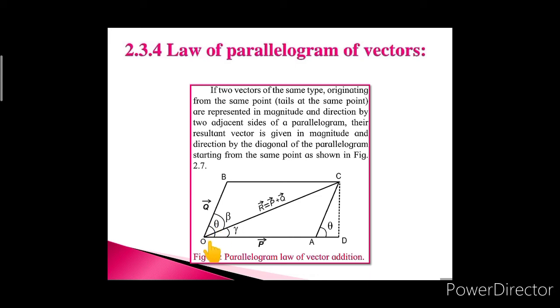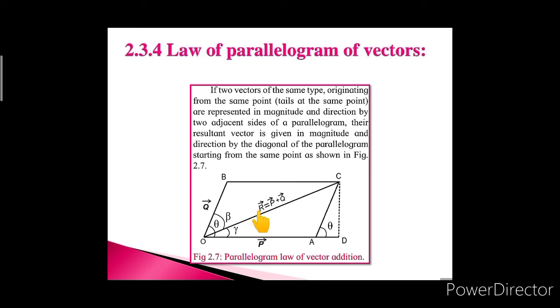Vector P and vector Q form the angle theta at point O. When we complete the parallelogram, according to this law the diagonal OC gives the resultant, and we can call vector OC vector R, which represents the resultant vector.